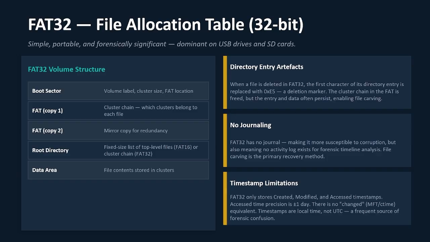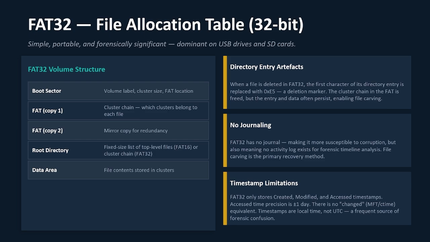FAT32. This one is an older file system, and it's not in use as much anymore. This was on Windows, the precursor to NTFS for consumers. I believe operating systems prior to Windows XP used FAT32 by default on the consumer versions.